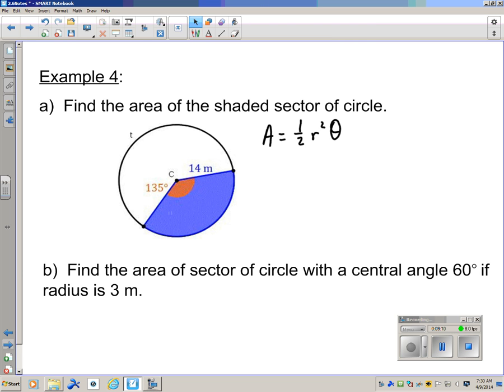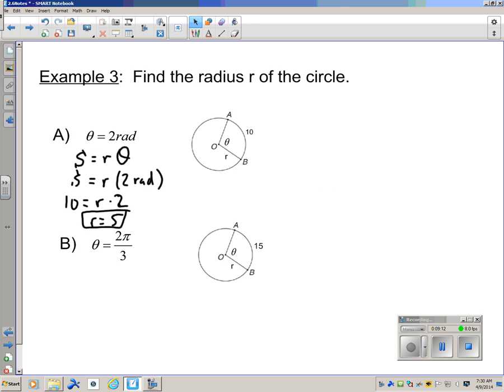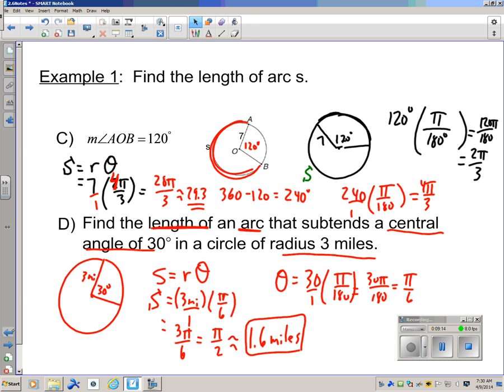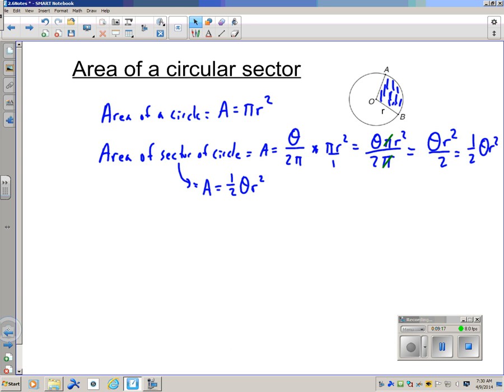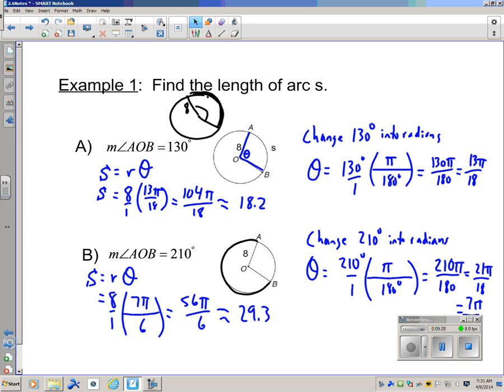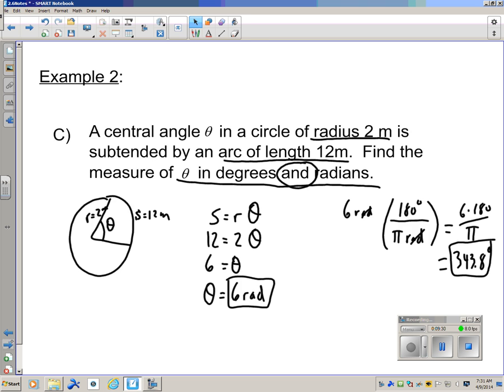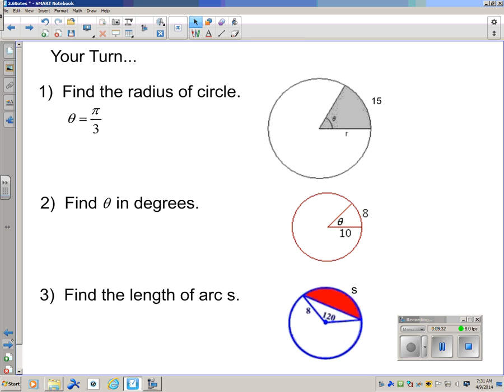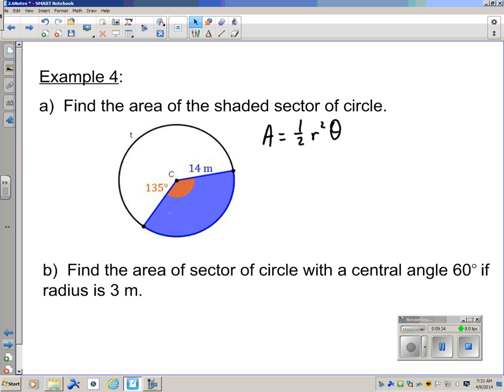Let me go back and remind you what that looks like. So remember we derived that, 1/2 theta r squared. So that's exactly what we're going to be using in this problem. A sector of a circle is just a portion of the circle. So this is how we generated this formula. And again, theta has to be in radians.